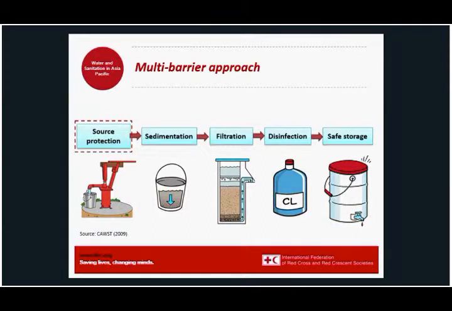We regularly clean the area around the water source. We can also build fences to prevent animals from getting into open water sources. Lining wells to prevent surface water from contaminating the groundwater. And there are so many other ways we can protect a water source.